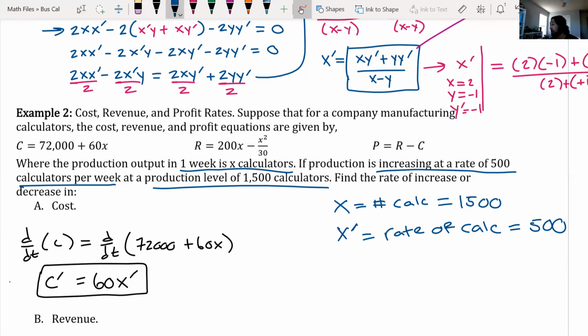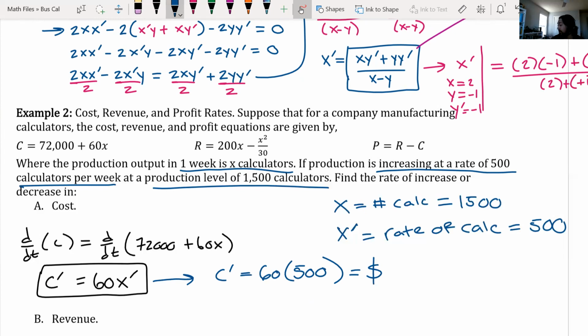Now let's go ahead and plug in the value of x prime. So we'll say C prime equal to 60 times 500.